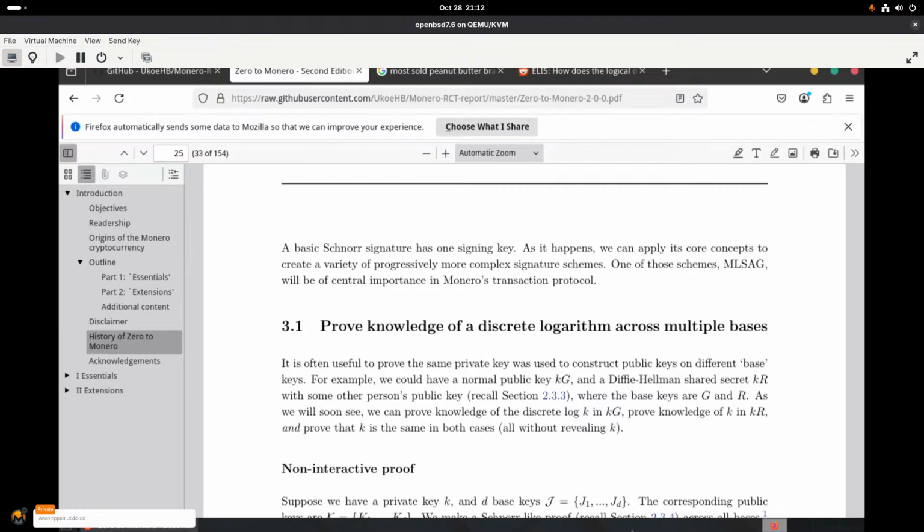Proven knowledge of a discrete logarithm across multiple bases. It is often useful to prove the same private key was used to construct public keys on different base keys.